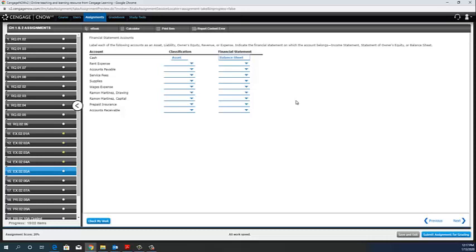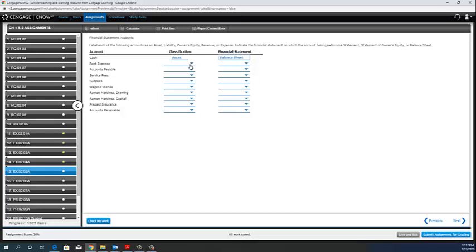You can kind of remember that because those are the accounting equation elements. Assets equals liabilities plus owner's equity. So those are the accounts that are going to show up on the balance sheet. And typically, with one exception, an account only shows up on one statement.